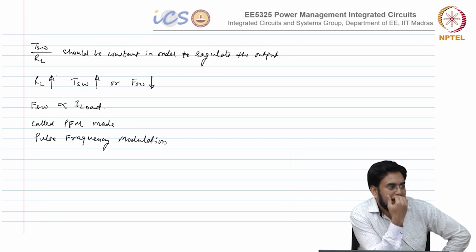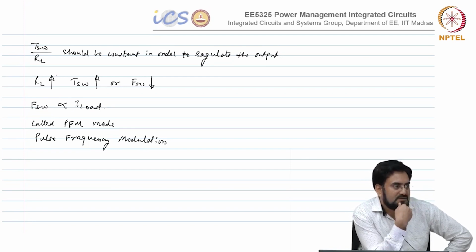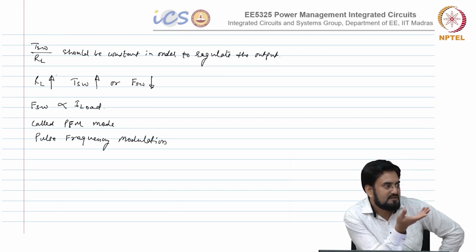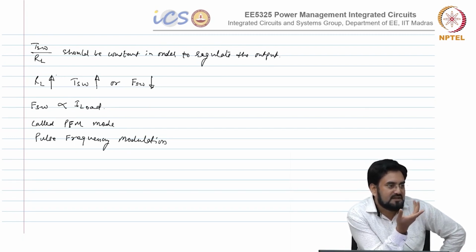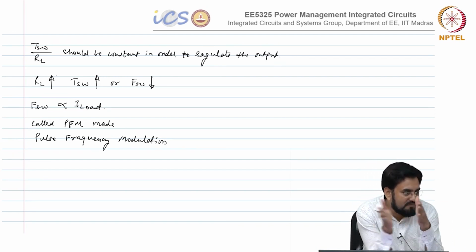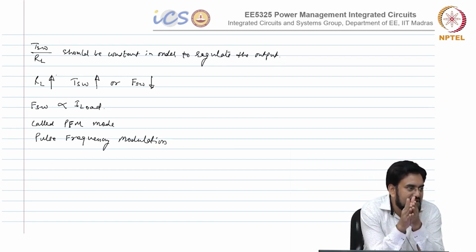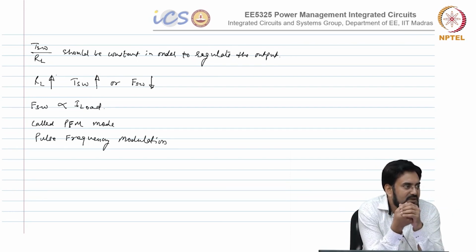Correct. I mean, your filter cutoff is placed at some frequency. Now you have moved, so the suppression in the ripple at lower frequency will be lower. So you will see a larger ripple. That's why in the PFM mode, your ripple is more compared to the CCM.